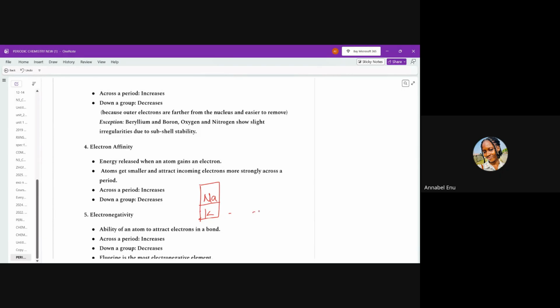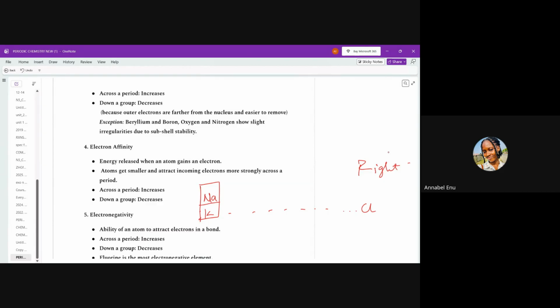But when you're going across the period, we meet somebody like chlorine. Affinity means attracting something to yourself, right? So electron affinity means an element being able to attract electrons to itself, to gain electrons. And you would agree that in the periodic table, the ones that gain electrons are the non-metals, like chlorine, and the ones at the right side. This is the right side, this side.